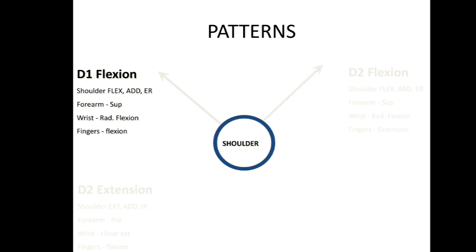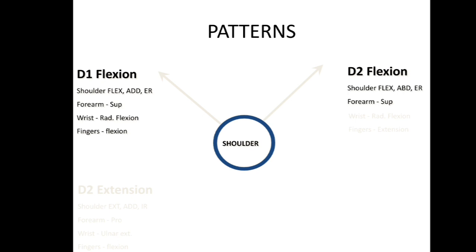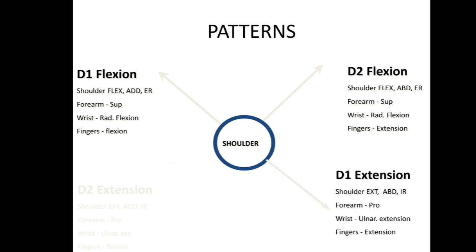Next, D2 flexion, which includes shoulder flexion, abduction, external rotation, forearm supination, wrist radial deviation, finger extension. Then D1 extension: shoulder extension, abduction, internal rotation, forearm pronation, wrist ulnar deviation and extension, finger extension.